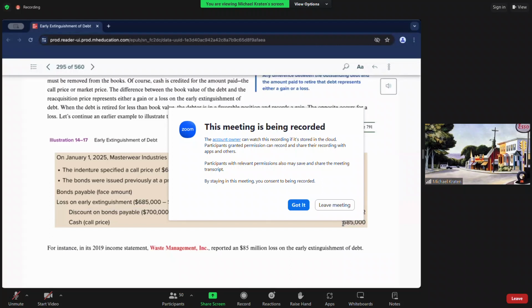If cash, the asset, is going down by this amount, and if overall the liability is going down by this minus this, or 676, well, if an asset's going down by 685 and a liability is only going down by 676, the value of the company is going down by this amount, and that would be an expense or a loss. Okay, so any questions about illustration 14-17?